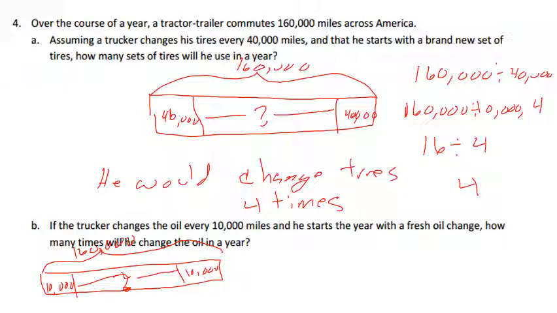So we have 160,000 divided by 10,000. Well, we don't even have to decode this one because we already know we're going to lose 4 place values. So 160,000, once we lose that, will be 16.